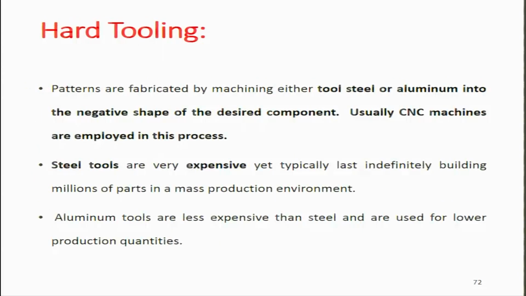For example, steel or aluminum is shaped into a certain die or shape where the desired component is produced using essentially CNC machining or some other precision process, and then this metal participates in, for example, pressure die casting. There the boundaries are metals, the boundaries are hard components. Therefore tooling can be either soft, made up of polymer, wax and other alternate materials, or hard, based on steel and aluminum and other different kinds of metals.